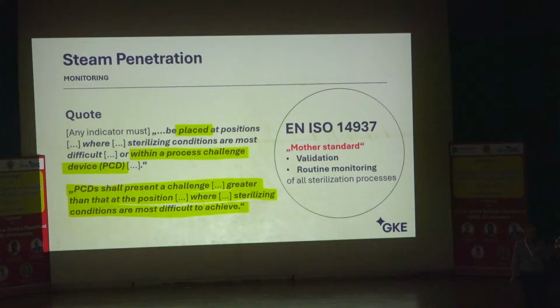This is steam penetration monitoring. This is not temperature-time monitoring, because this will be provided by the sterilizer alone. The sterilizer is very precise with temperature and time. Please read your printout of the sterilizer. And please use an indicator at a suitable position to learn about steam penetration.